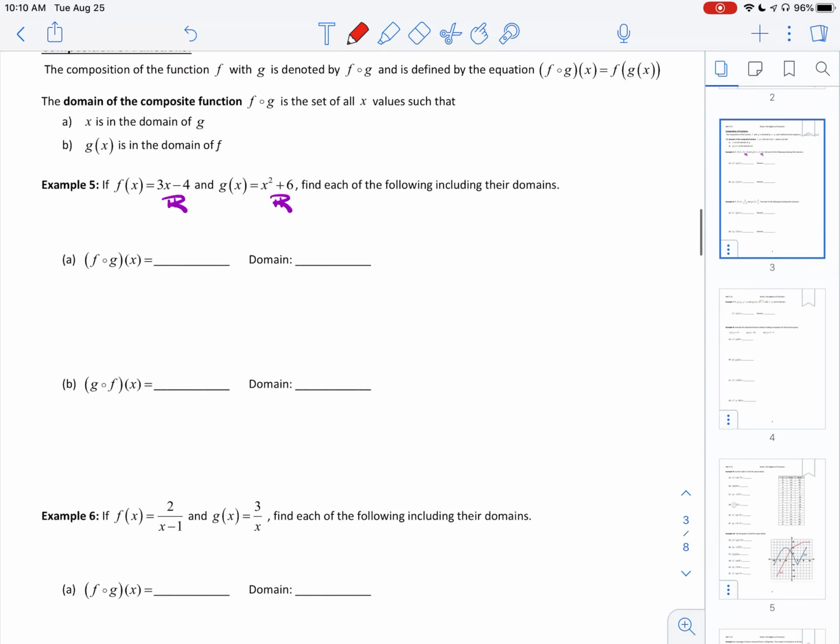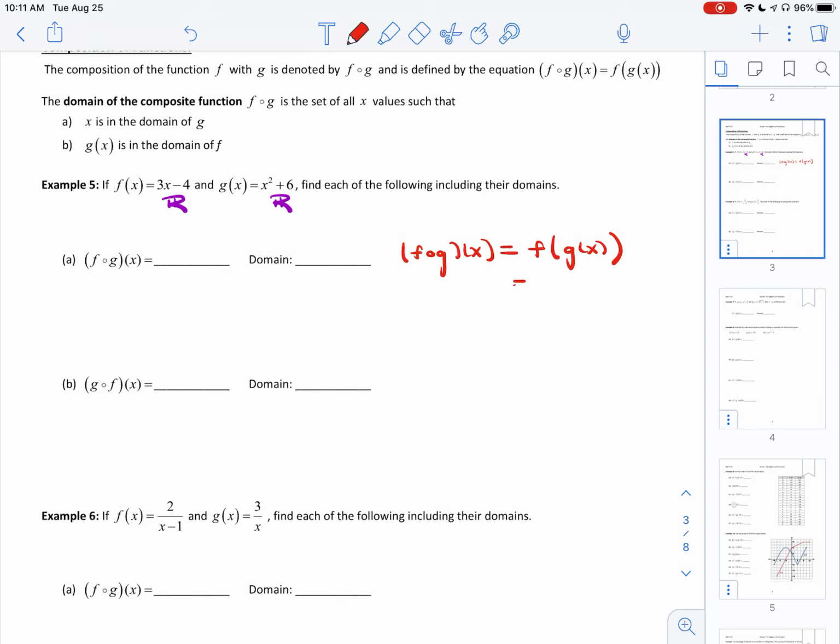All right, so the first thing we're going to do is find f of g. So f of g is saying that we're plugging our g of x function into our f of x function. So we're taking this entire equation, x squared plus 6, and we're substituting it in for our x over here.